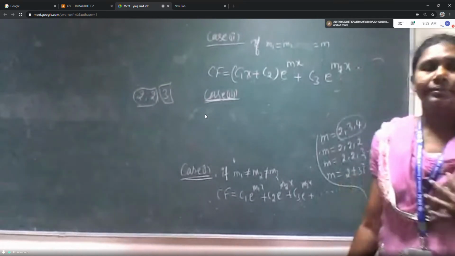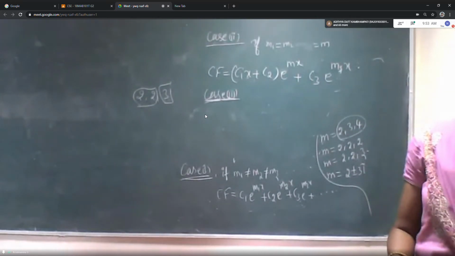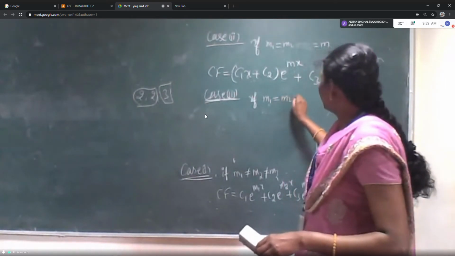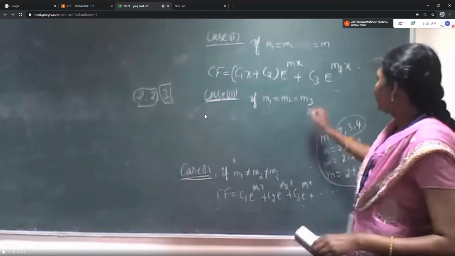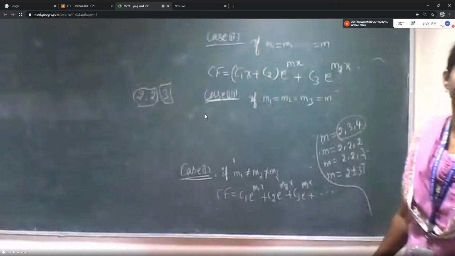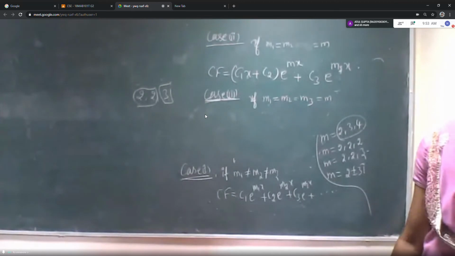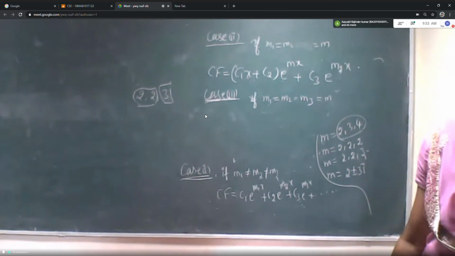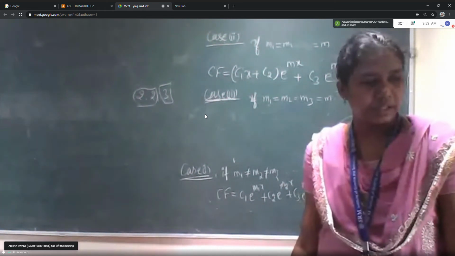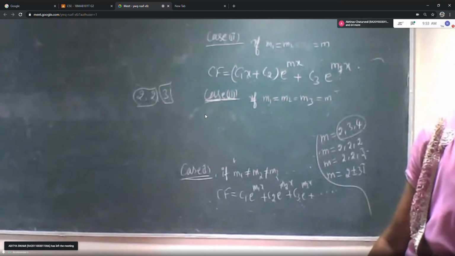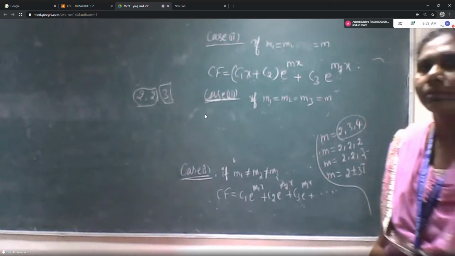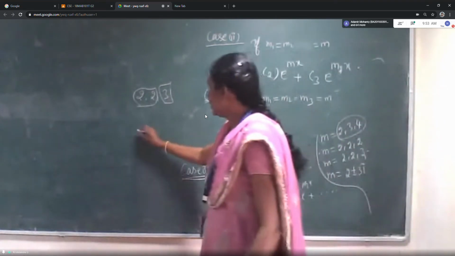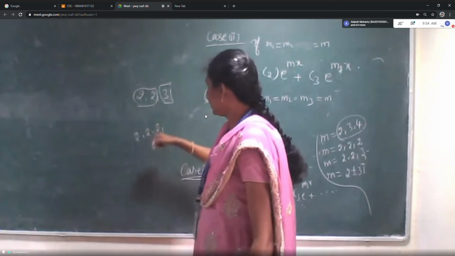Next, case 3. If M1 equal to M2 equal to M3 equal to M, and the remaining be real and unequal, which means the first three roots are equal.